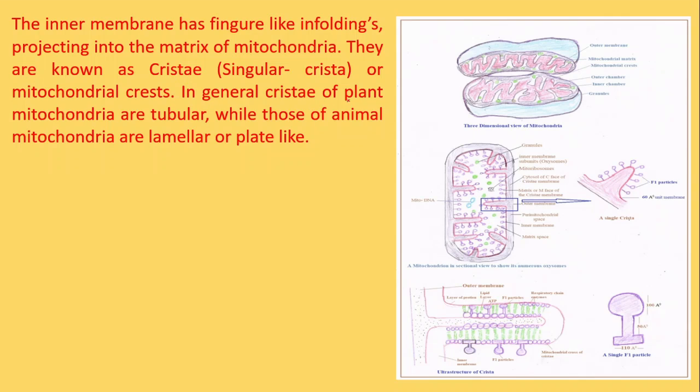In general, crests of plant mitochondria are tubular, while those of animal mitochondria are lamellar or plate-like structures. So you can see here, these are the finger-like enfoldings which extend into the matrix. These are nothing but the cristae.